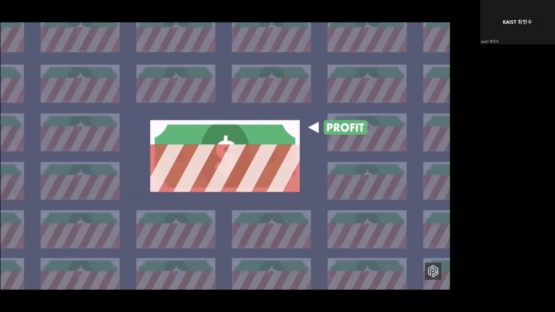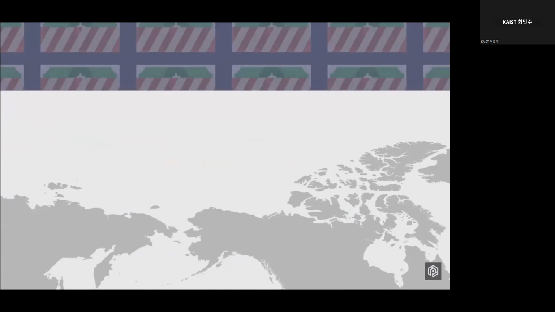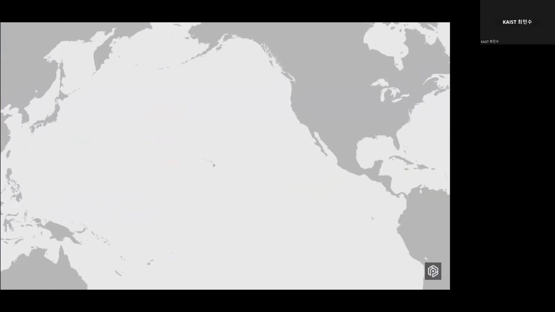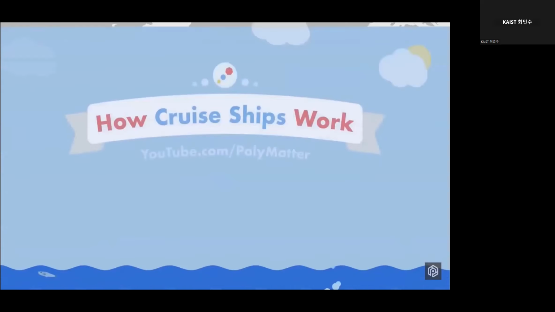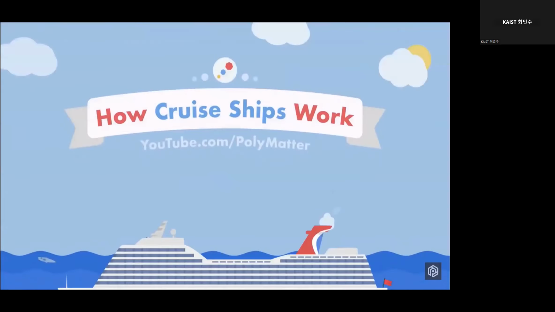The average ticket sells for $1,293, but costs the company even more in food, fuel, wages, marketing, and lots more. If everyone left their wallet at home, these cruise lines would go out of business.